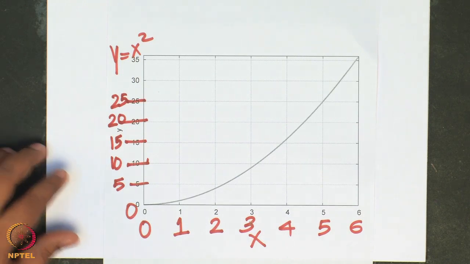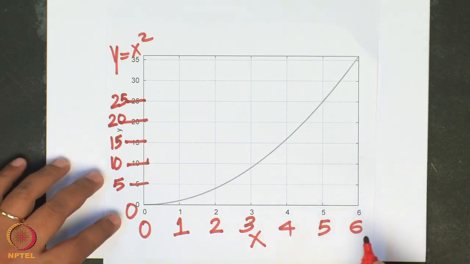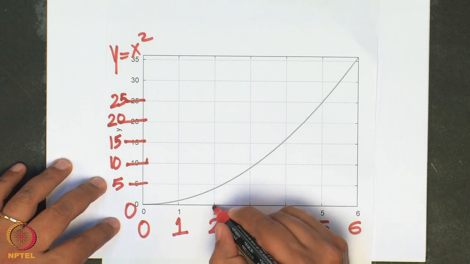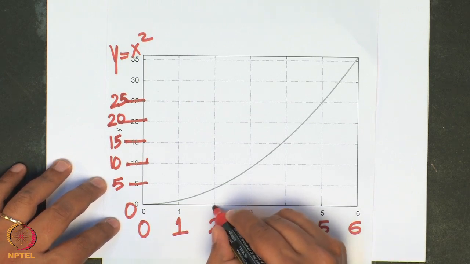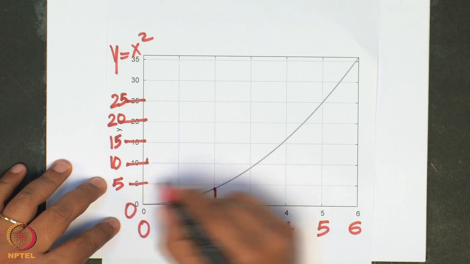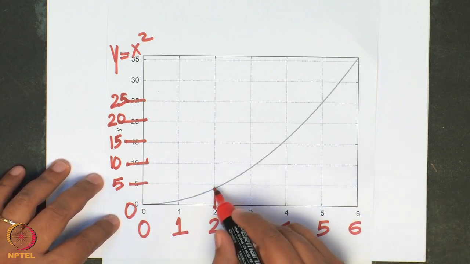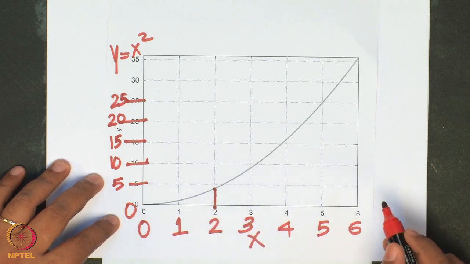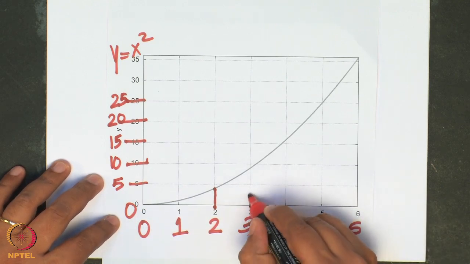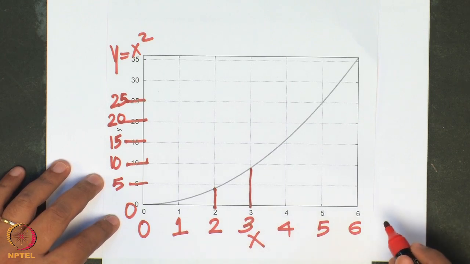Now, let us look at the derivative at various places. Corresponding to 2, if I draw a line, this is just below 5, since 2 square is 4. And 3 square is 9, which is just below 10.